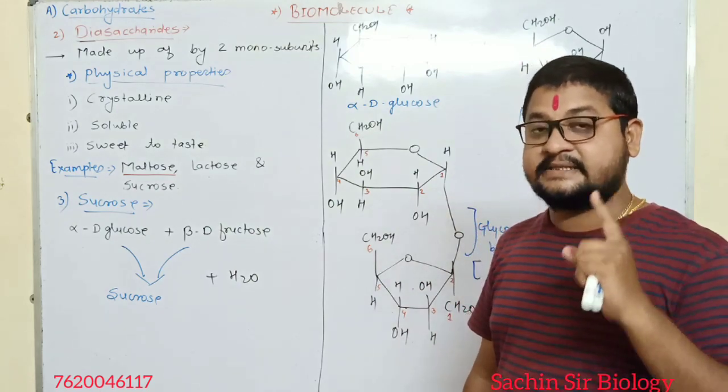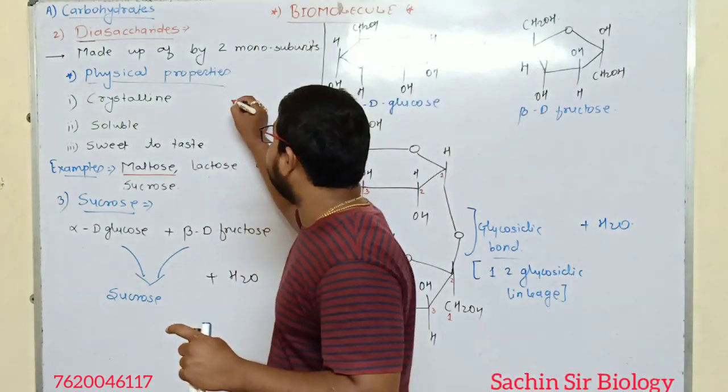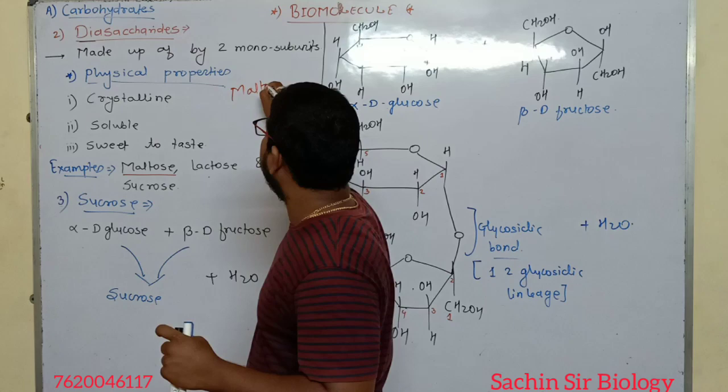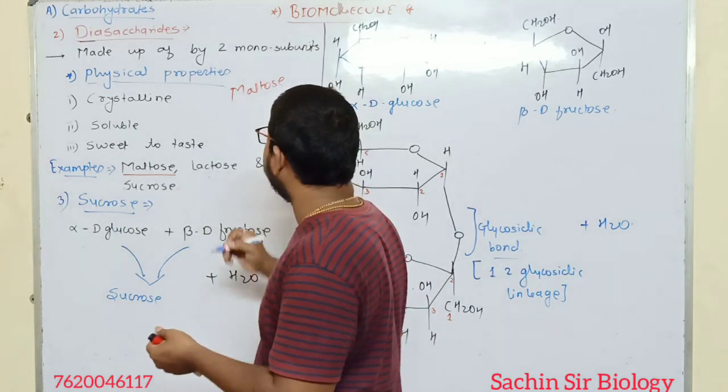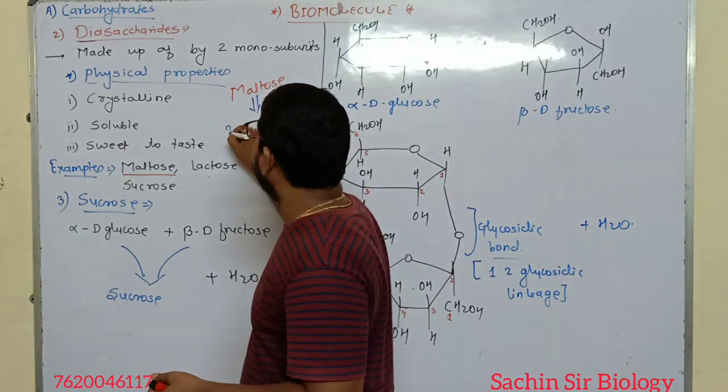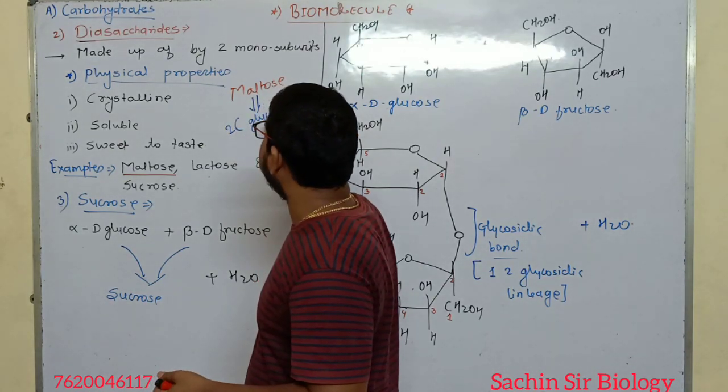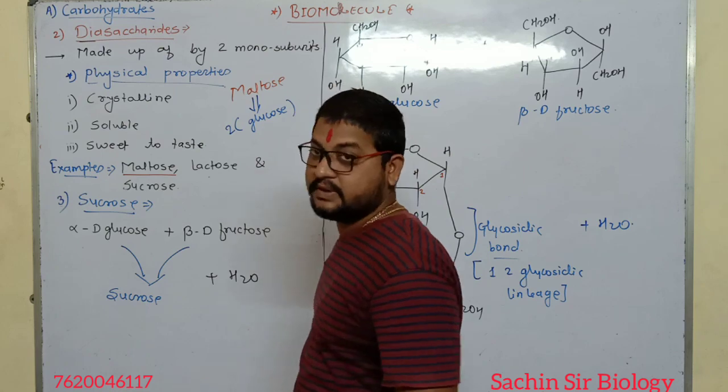When maltose is broken down by maltase, it produces 2 moles of simple glucose. That is alpha D glucose, whatever it is.